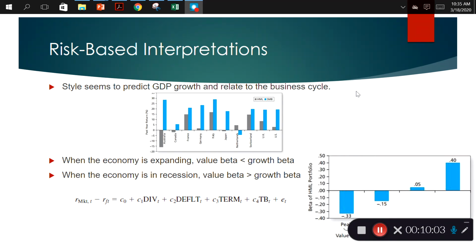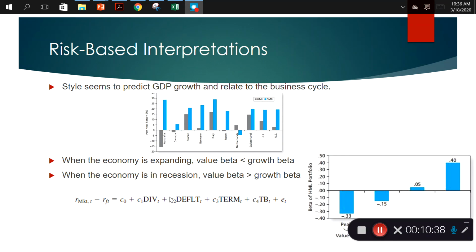Some evidence also suggests that the market risk premium is higher in down markets when the investors are feeling more economic pressure and anxiety. So the way they tested this, and you can see their regression down here, they used the market dividend yield, which is the DIV, the default spread on corporate bonds, so AAA versus BBB, the term, which is the term structure, the 10-year to 1-year Treasury spread, and then the 1-month T-bill rate.